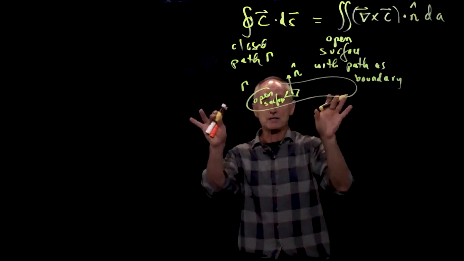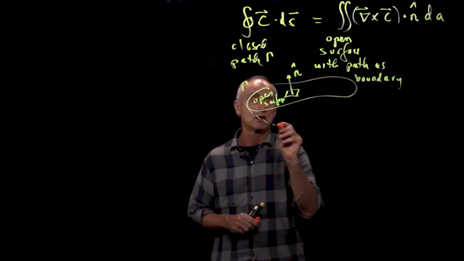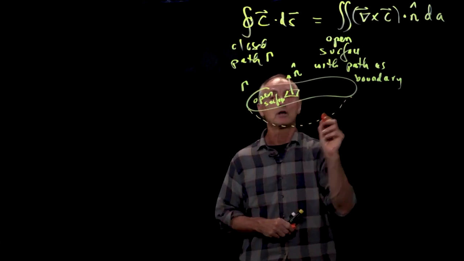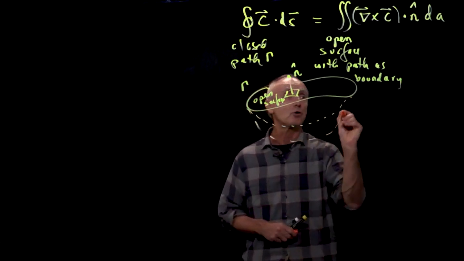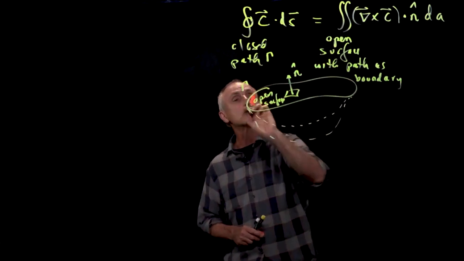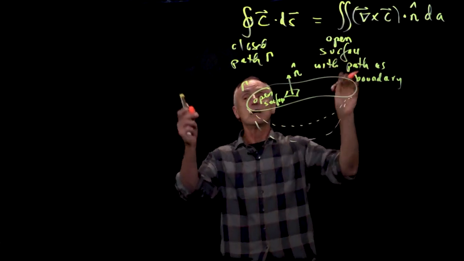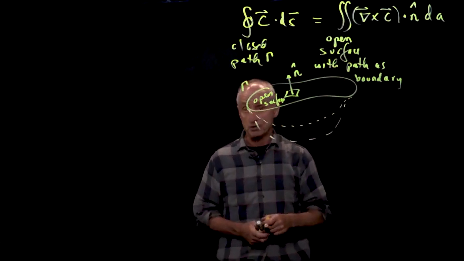And this is independent of the choice of open surface. You could choose another open surface or another open surface, and this theorem would still hold, where this boundary is defining the boundary of an infinite number of open surfaces. This is what we call Stokes' theorem.